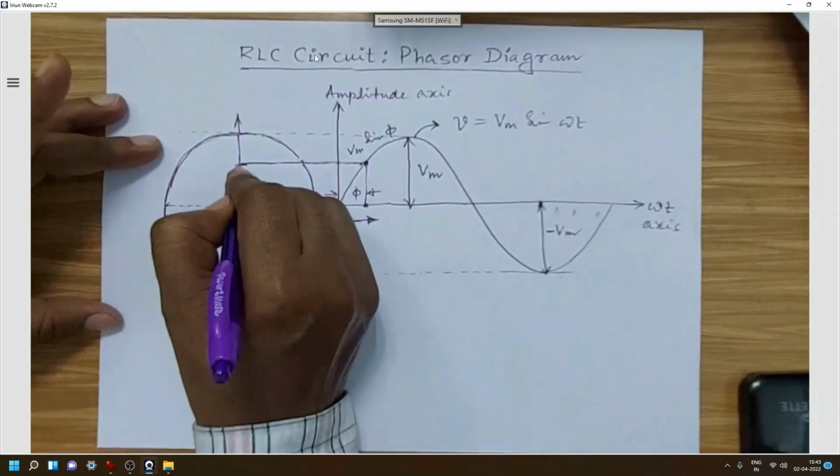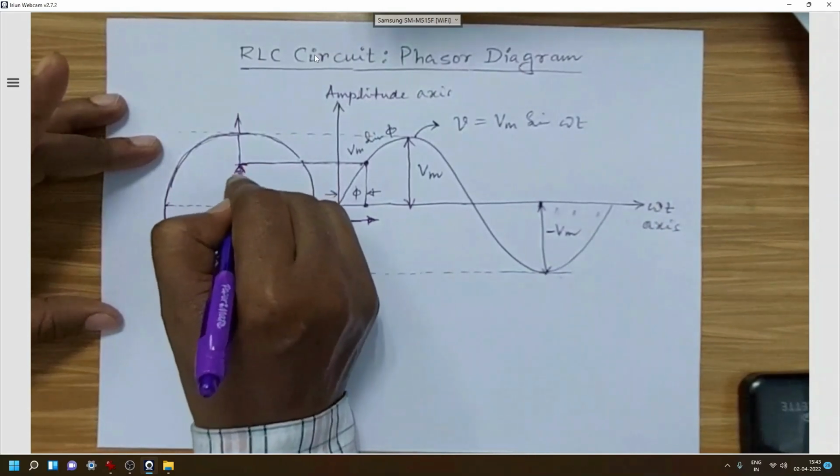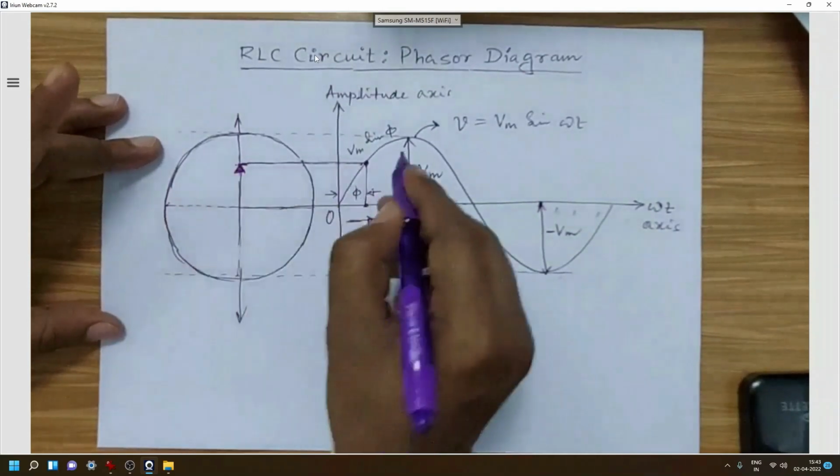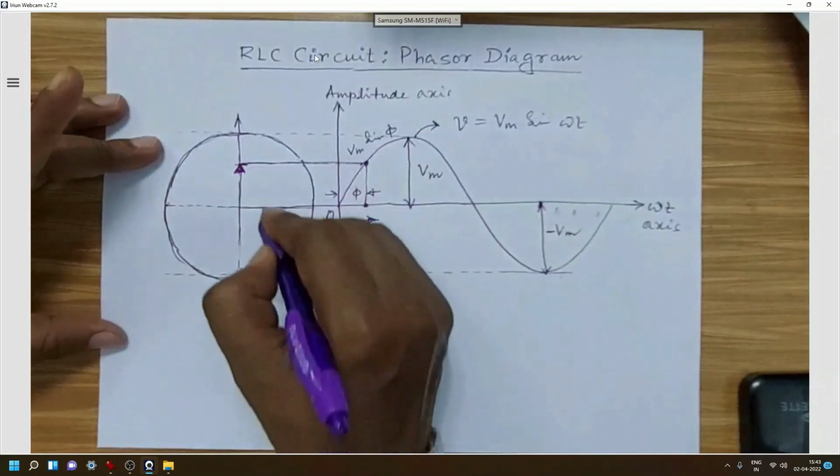So this value is nothing but Vm sine phi.